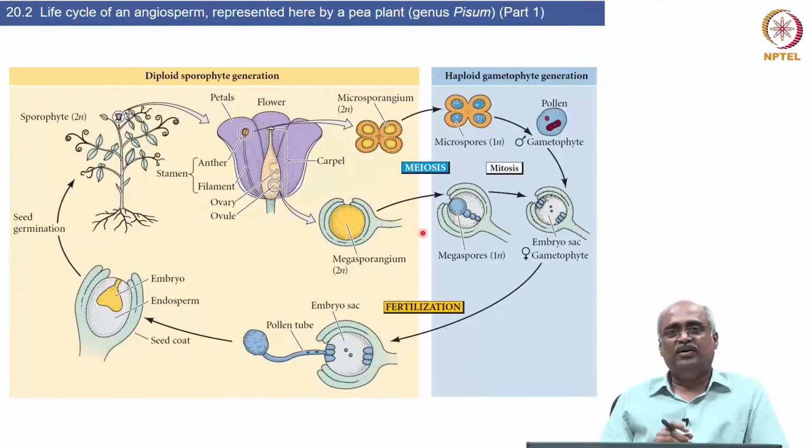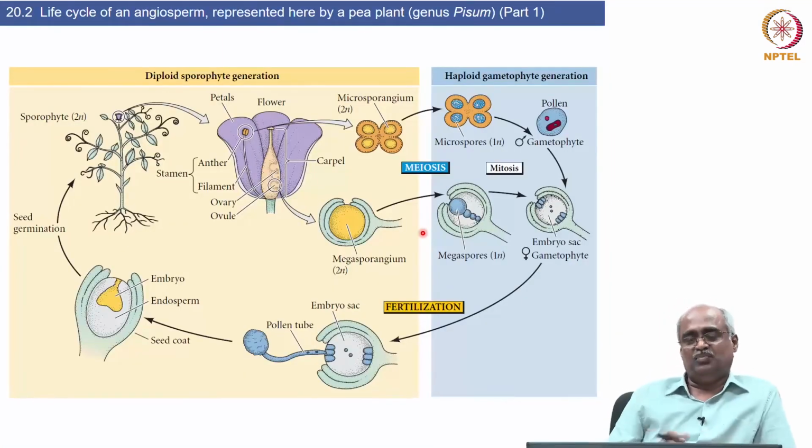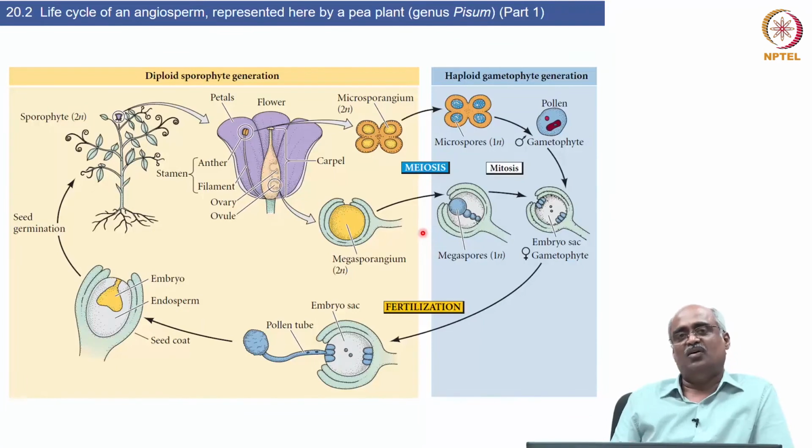Now, before we go any further into plant development, let us start with how to make the gametes, and then we will go about gamete fusing and making the embryo, and then we will talk about how the body plan of the embryo is formed.